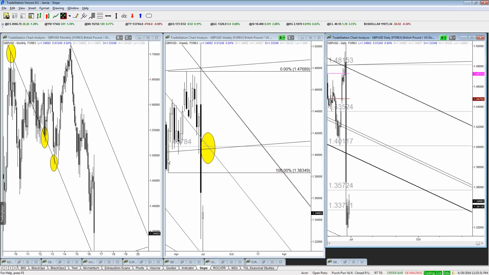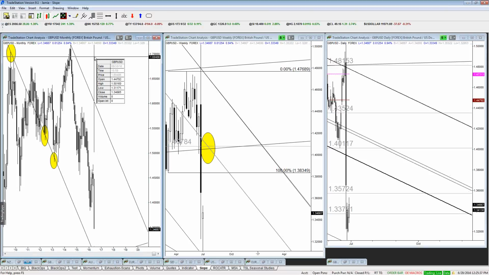So don't make an assumption about where a market's going to go based on a chart that's related to it, because you just don't know. The whole point is finding opportunistic chances to do something. And if pound dollar goes to 128 or 129, it's probably an opportunistic chance to buy it.